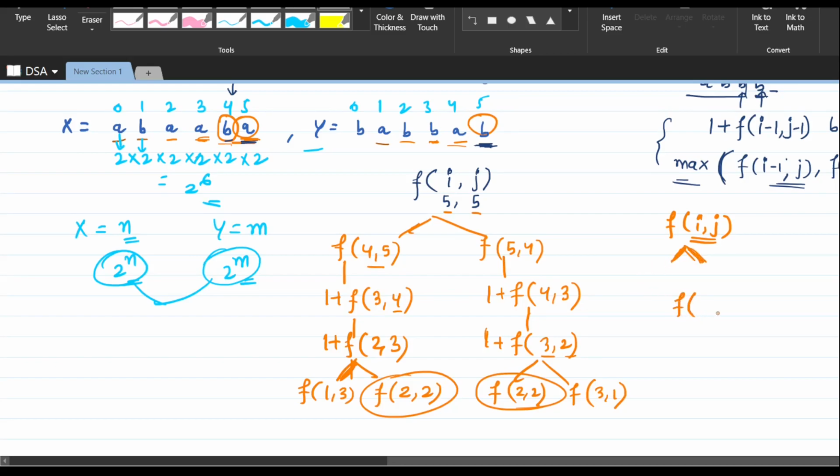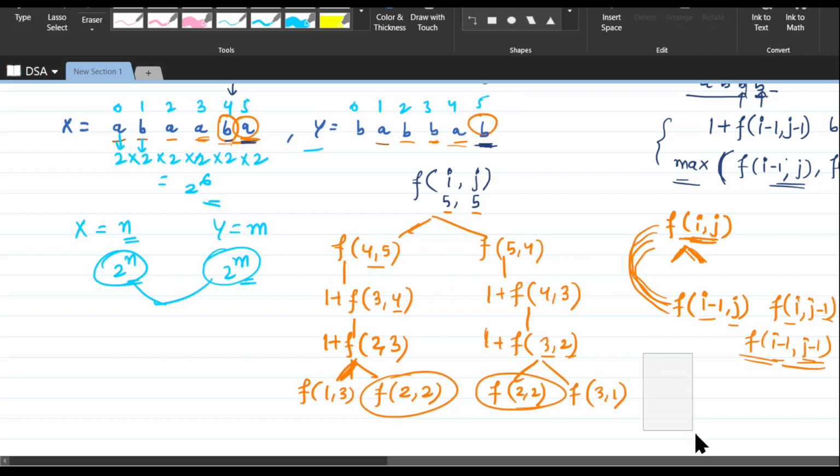Either I am doing f(i-1,j), or I am doing f(i,j-1), or I am doing f(i-1,j-1). So we have the same problem but with different parameters. Here we have i and j, and here I have i-1,j; i,j-1; i-1,j-1. So we have the overlapping subproblem as well as the optimal substructure.